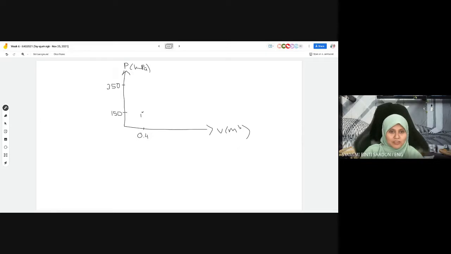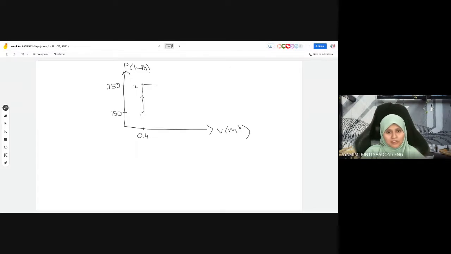So the pressure is changed to 350 kilopascal, to state 2, but the volume at this point is still the same. And then the air is heated until its volume has doubled.